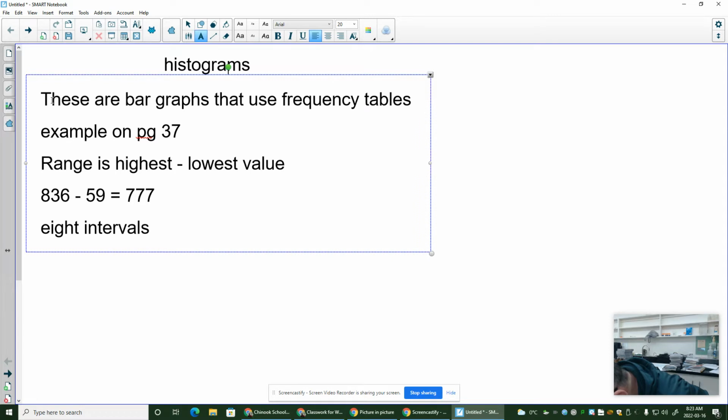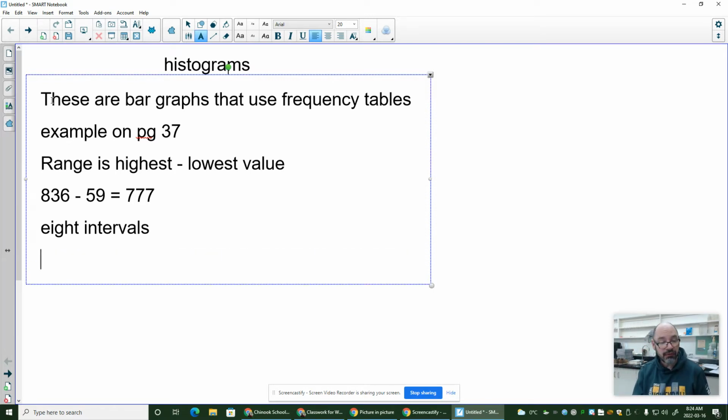Okay, so start with the first interval. So they have the intervals drawn for us. Okay, so the first one is 50 to 150. Okay, and then you're going to get 151, sorry, you're going to go 100 wide, so it's going to be 250.